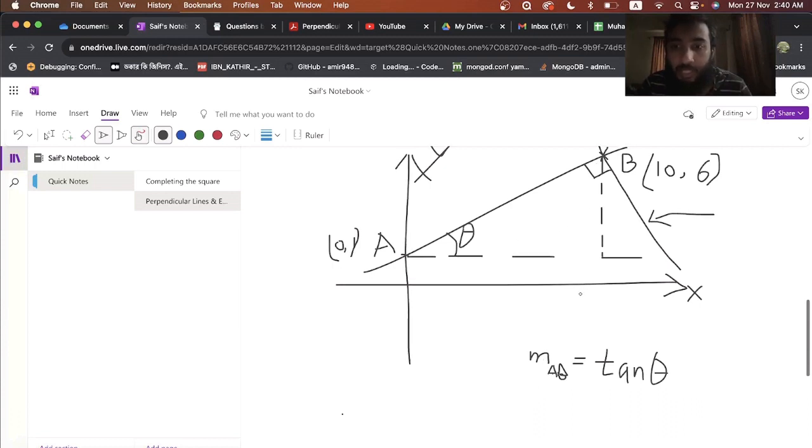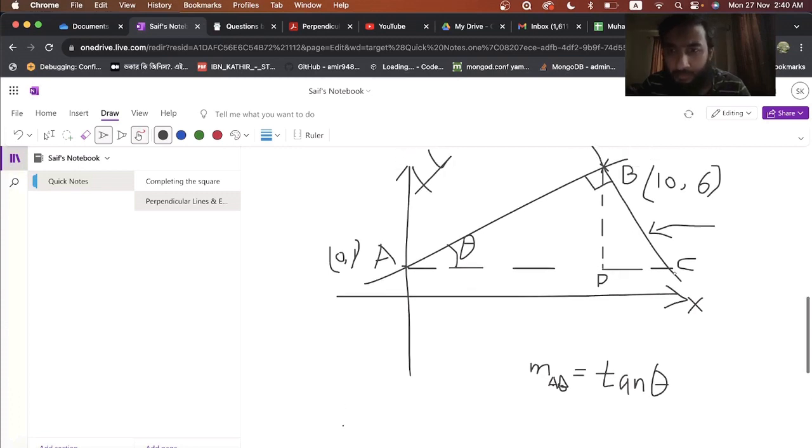Let's say this point is C and this point is D. What is this angle? If this angle is theta and this is a triangle and this is 90 degrees, then this angle is 90 plus theta, because this angle is the summation of this angle plus this angle.